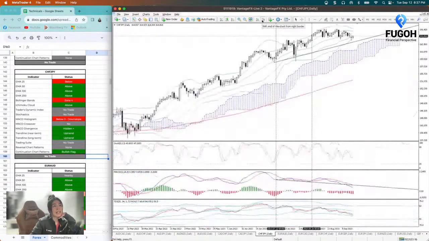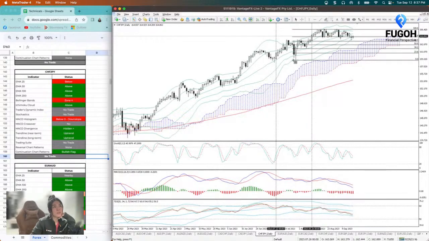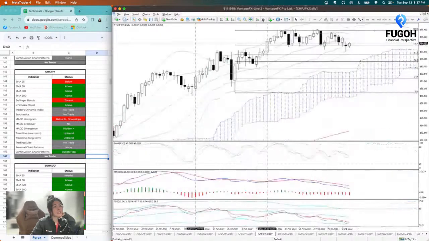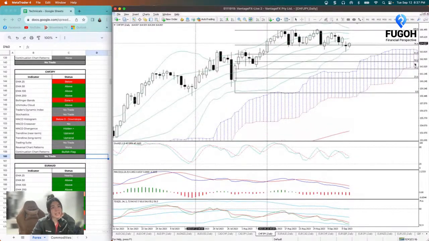You wait. Let me be sure. Let me delete this one and this one. Right. Let me be sure. Oh, see? The volatility is very low already for this pair. But it's staying above 50 levels.